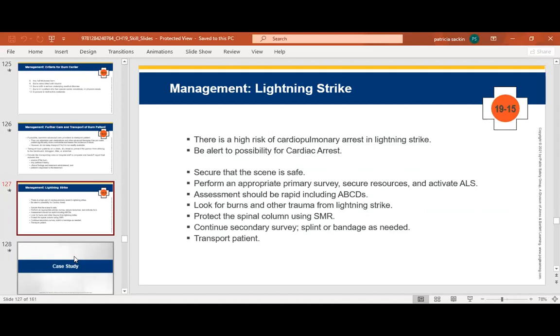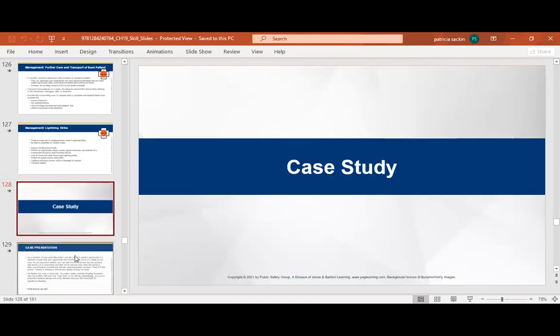Patty, you're going to say something? That's true. Lightning strike, just remember cardiac arrest. That's a red flag. All right. Next. And know where that AED is at.